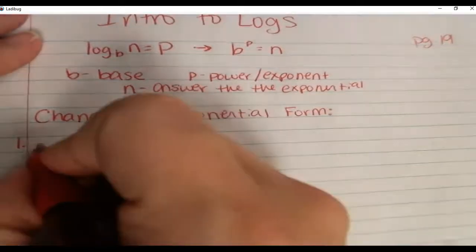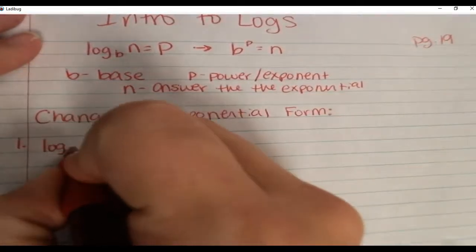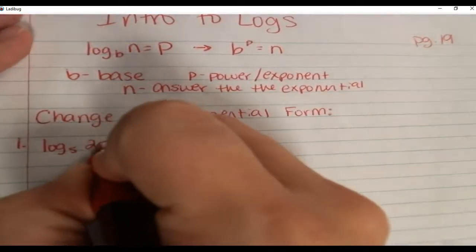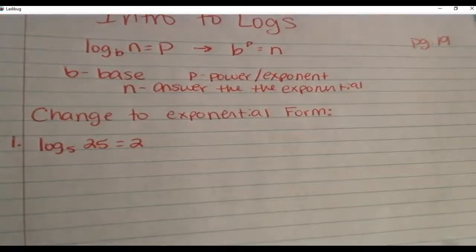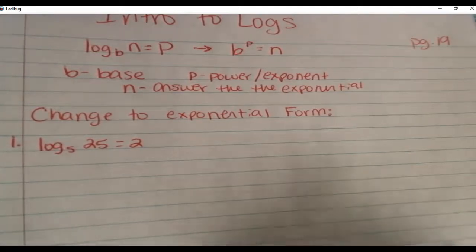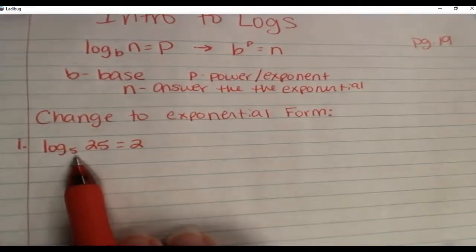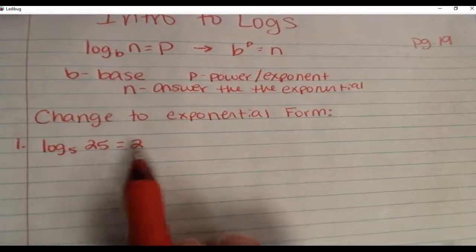So let's say we have log base 5 of 25 equals 2. And so that's how you read it. Log base 5 of 25 equals 2.